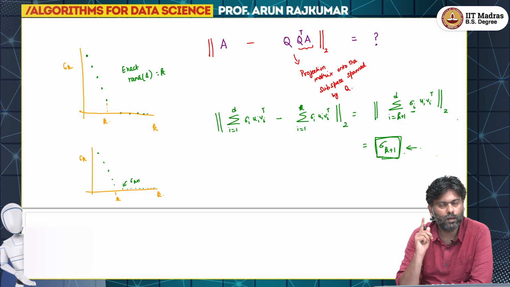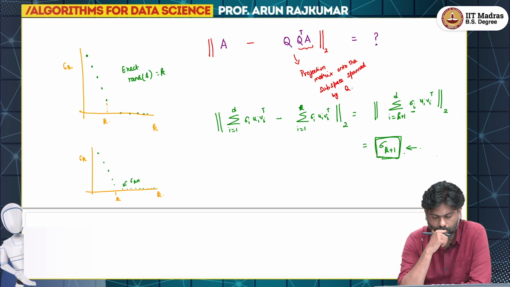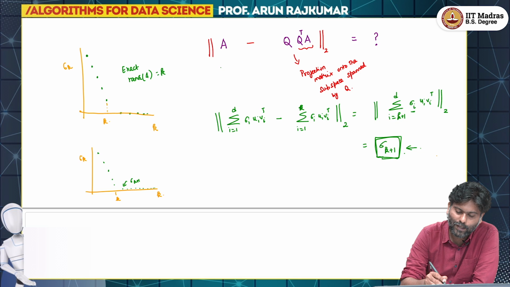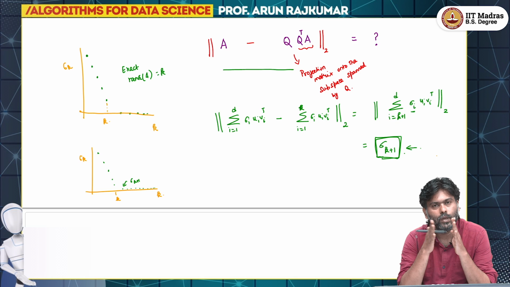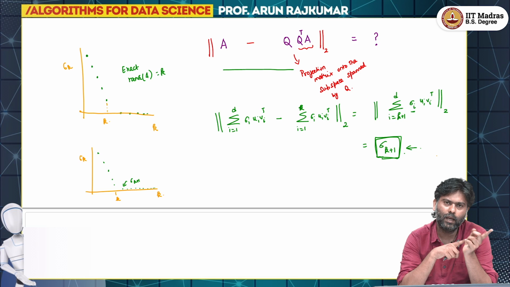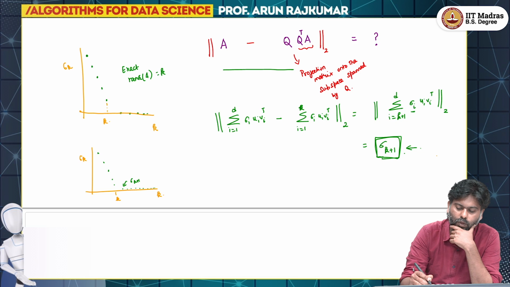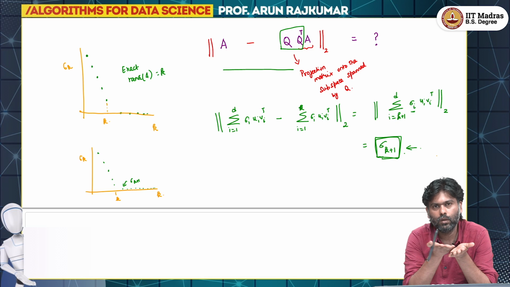Now here is the important fact to think about. What essentially have we done by pre-multiplying by Q transpose, doing the SVD for that, and then again pre-multiplying by Q? Essentially we have projected our data onto the top k singular value subspace, u1 to uk.